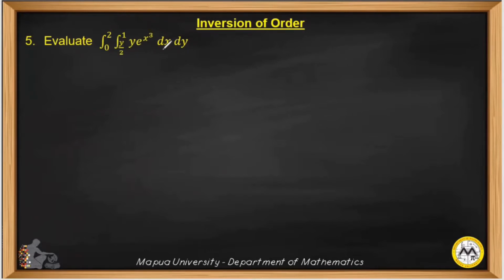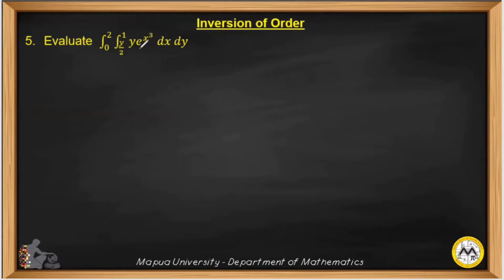Take note that we have the order dx dy, so we need to perform the inner integration first in x. And since y is temporarily held as constant, we will evaluate the integral of e raised to x cubed dx.